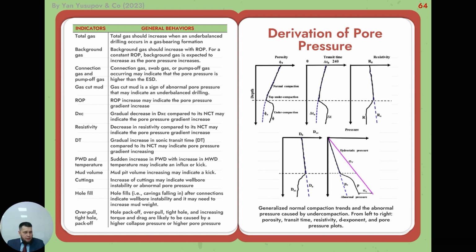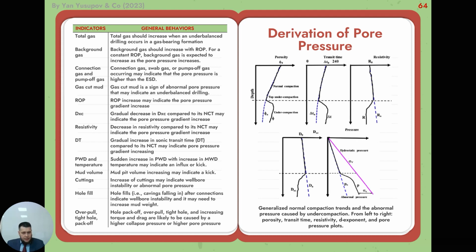Additional indicators that we can consider in our lecture can be total gas, because total gas should increase when underbalanced drilling occurs in, for example, a gas-bearing formation, as well as background gas, connection gas, and gas cut mud.